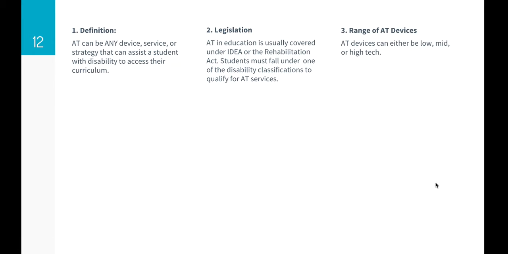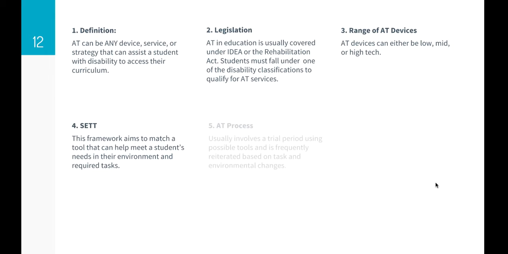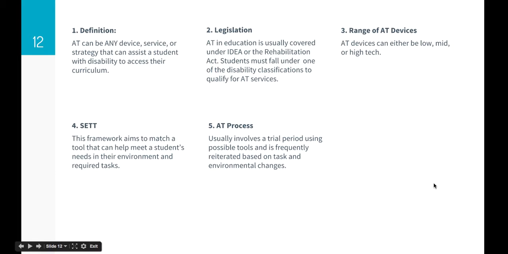There is a range of devices, low, mid, or high tech, and these vary in their complexity. The SET model is a framework that's used to locate a tool based on the student's strengths and weaknesses, their environment, and the tasks that they need to complete. And the AT process is cyclical and often changes depending on the environment and the task. So it's a moving target.